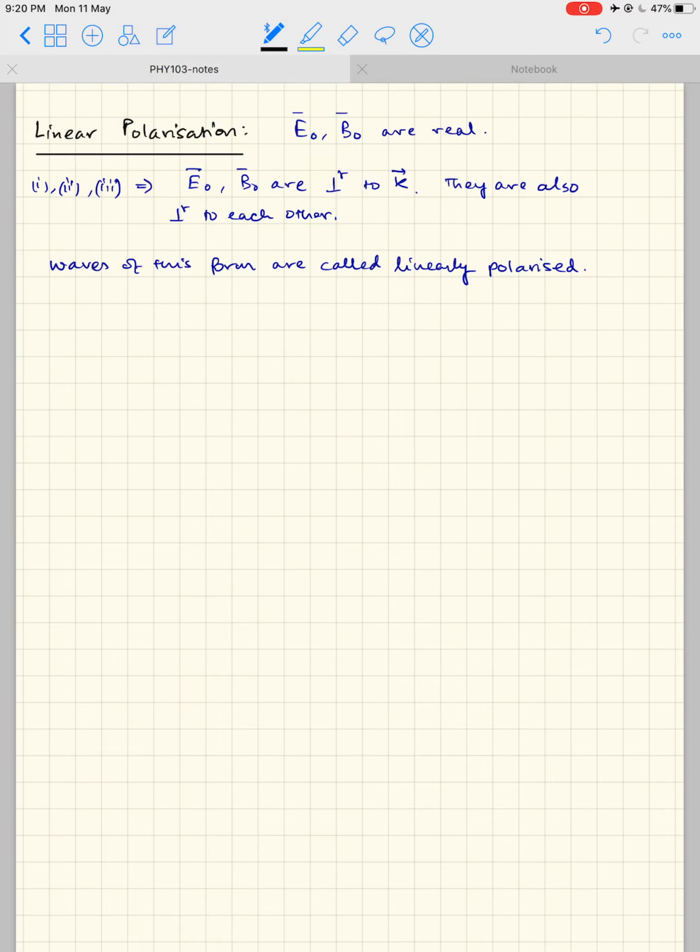Finally, today, circularly and elliptically polarized waves. Circular and elliptic polarization.